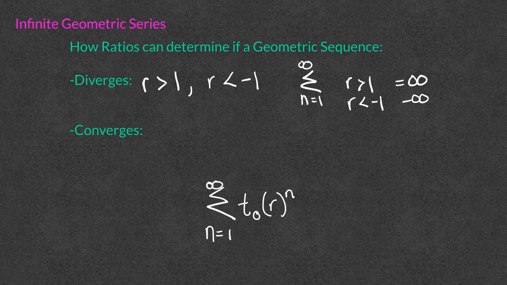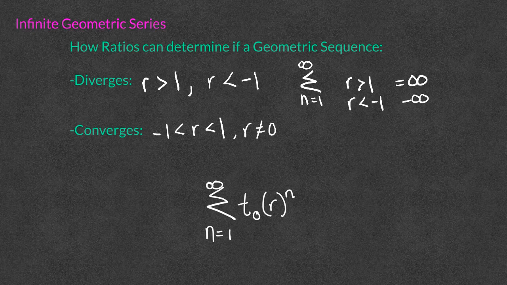Now if we're talking about a geometric sequence that's going to converge, we mean that it's going to go to a specific value. It's eventually going to just say that the sum is going to equal this. And so in order to do that, the common ratio has to be between -1 and +1, but not equal to 0.